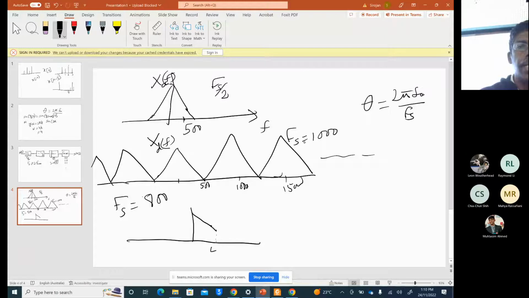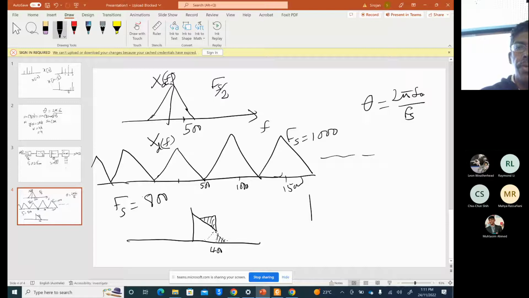So this is 400. What happens to the other signal? The other signal is going to get aliased here. This triangle is actually equivalent to this triangle, so the area and everything is equivalent to this one.